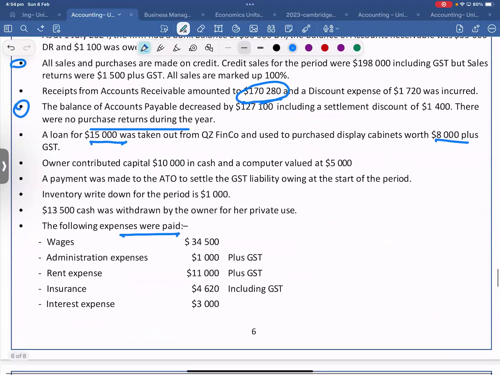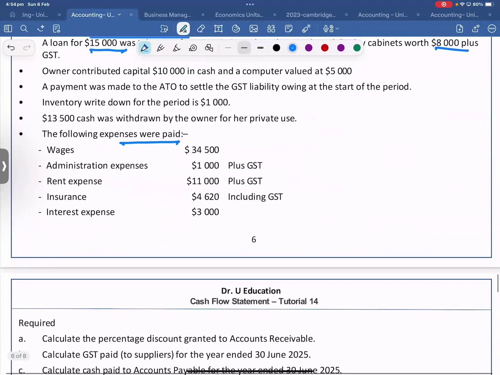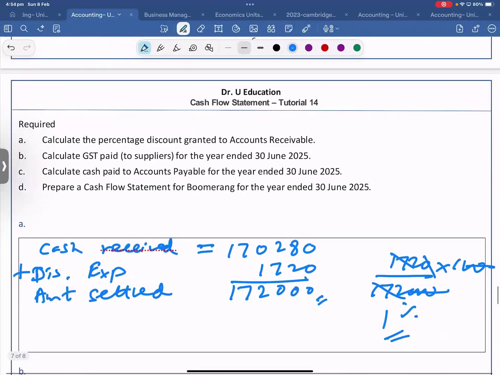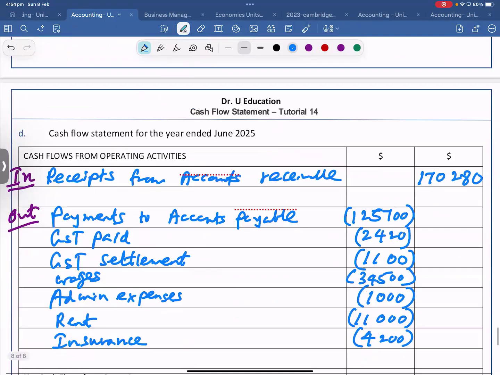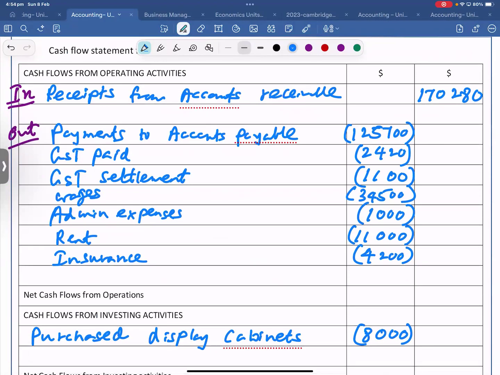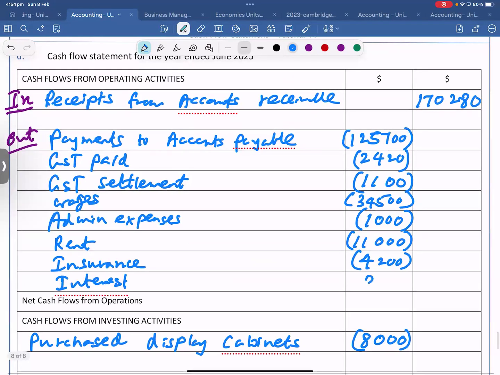It's disconnecting. Maybe it's due to the heat, I guess. Next one, guys, interest expense 3,000. Also operating out.